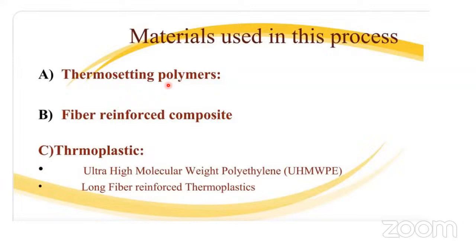Then polyester. Which polyester? Unsaturated polyester, a thermosetting resin. Saturated polyester is a thermoplastic resin. Remember this thing. Therefore, unsaturated polyester, a thermosetting resin, can be processed by the compression molding process.